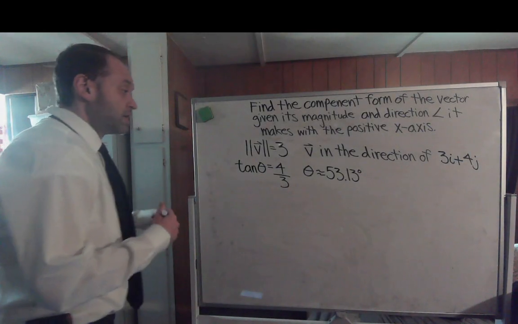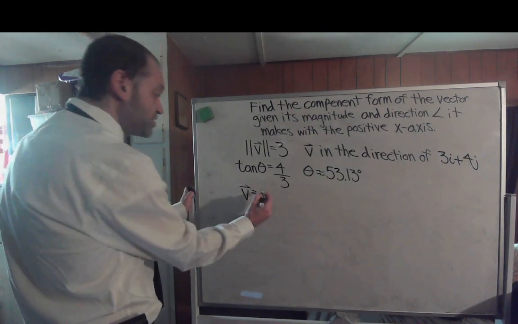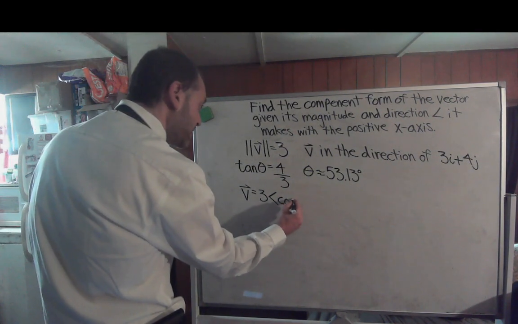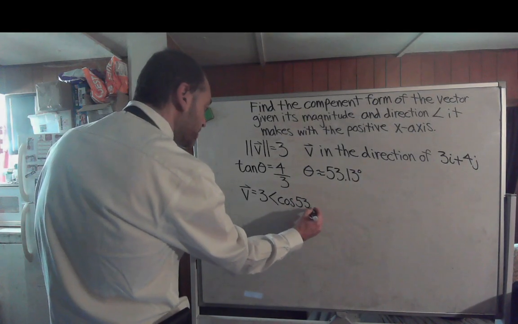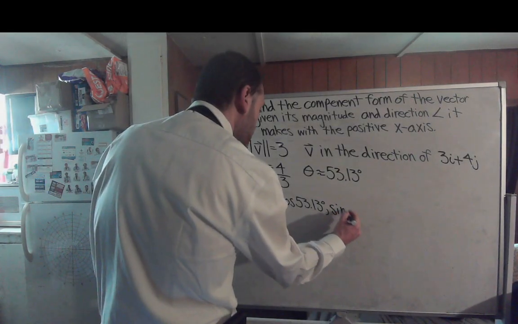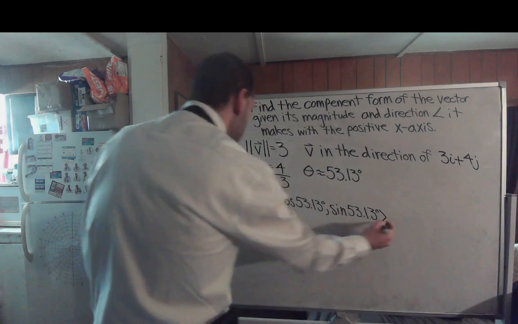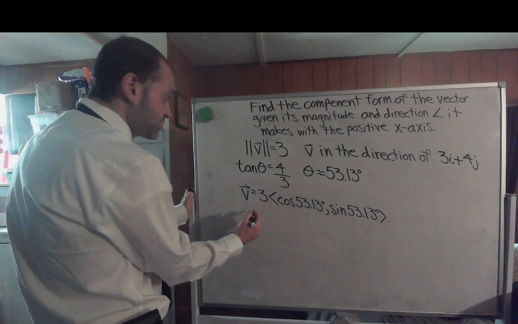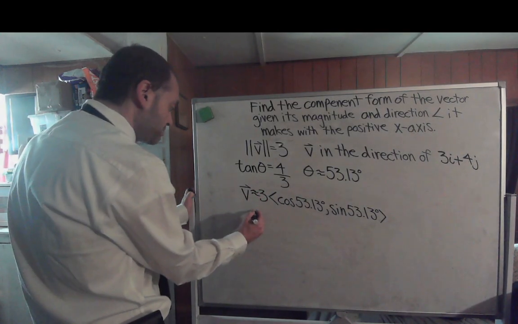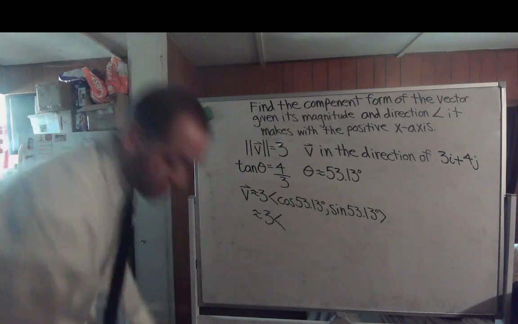Okay. Now to find the component form of vector v, that's going to be that magnitude of 3 times the vector of the cosine of 53.13 degrees, then the sine of 53.13 degrees. Which this is going to turn into, and I should say this is approximate because the angle is approximate. So this is approximately equal to 3 times whatever those values are.